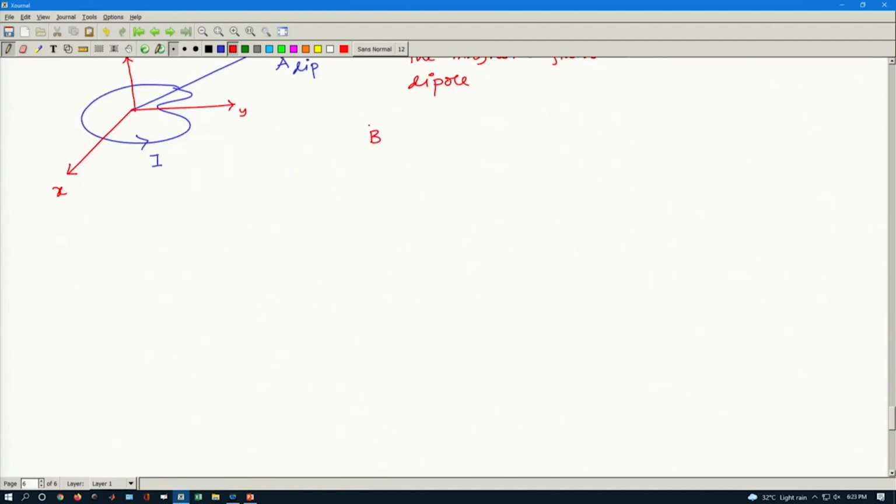B(r) is the magnetic field that is supposed to be produced due to the magnetic dipole. So, that is mu 0 divided by 4 pi, and I now have here 3 (m dot r-hat) r-hat minus m. I am just writing the result here.